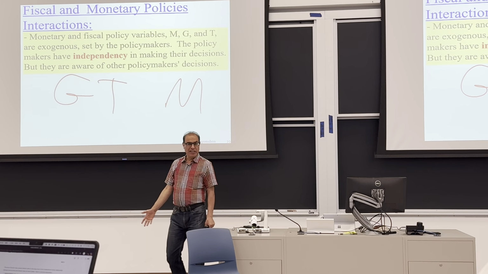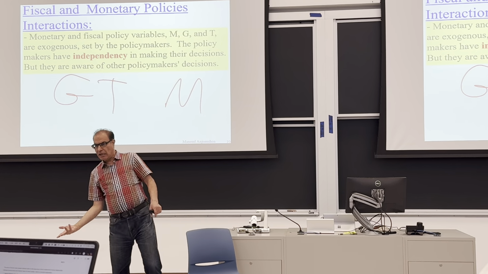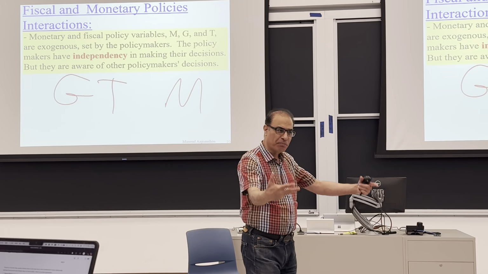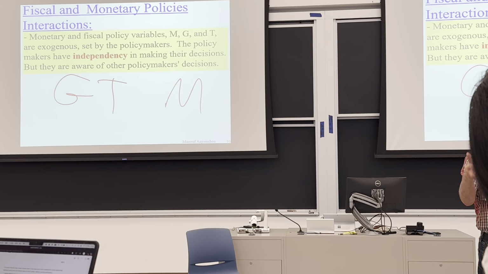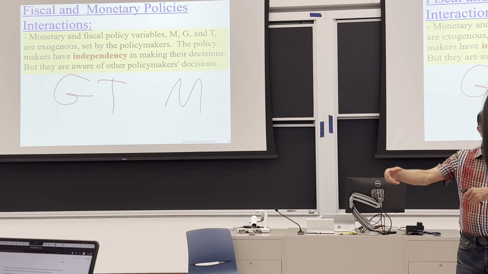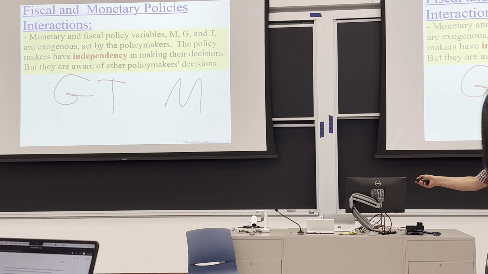Generally, government is in charge of G and T, fiscal policies. By government, I mean the executive branch of government. Because if government wants to increase its expenditure, what should they do? They have to write a bill and send it to parliament. You understand? So they decide on this.